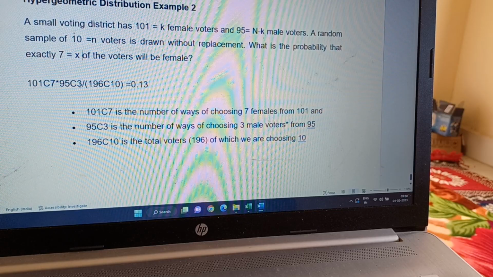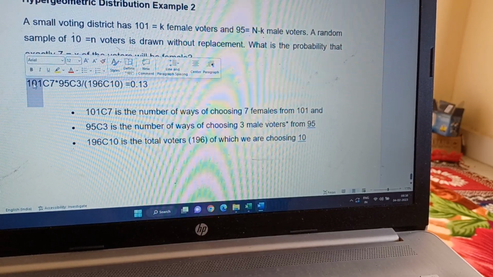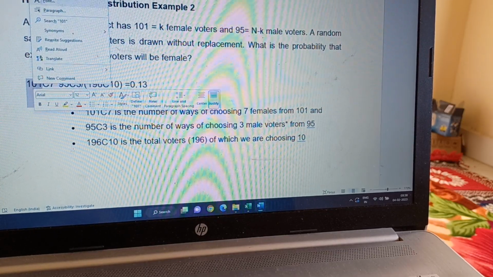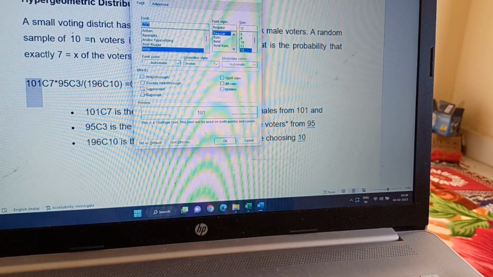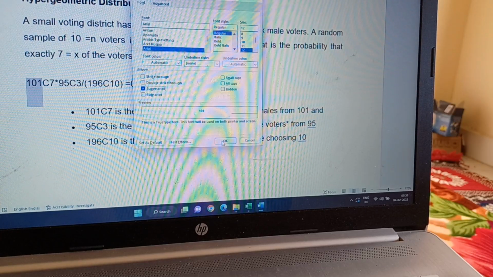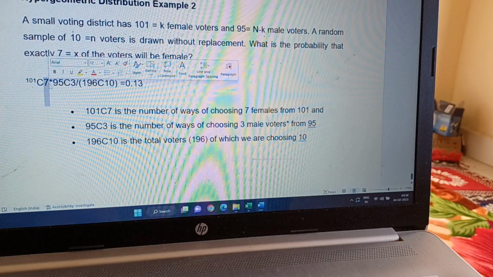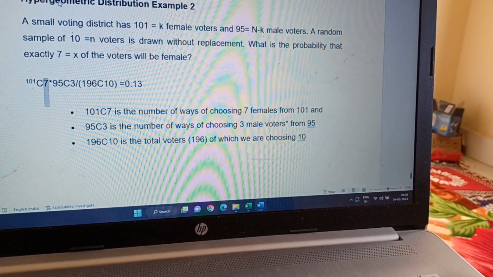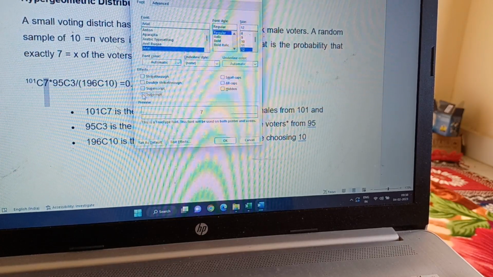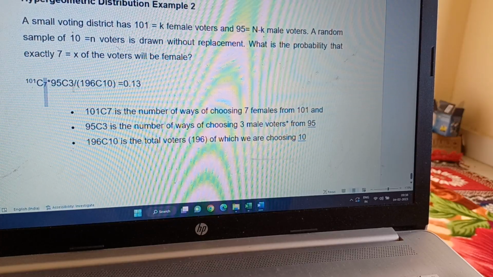choose 3. Actually, I should have written it in superscript. I forgot to write it in superscript, so I can do it even now. If I do it in superscript, it becomes this, and 7 in subscript, then it becomes like this. So that way you will learn typing also from me on a Word document.